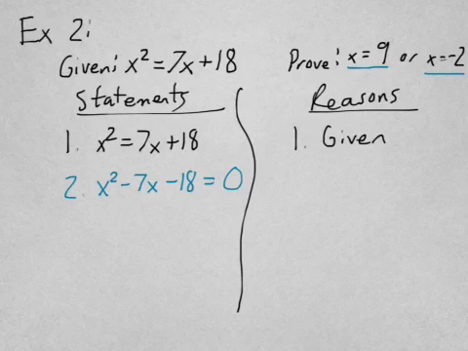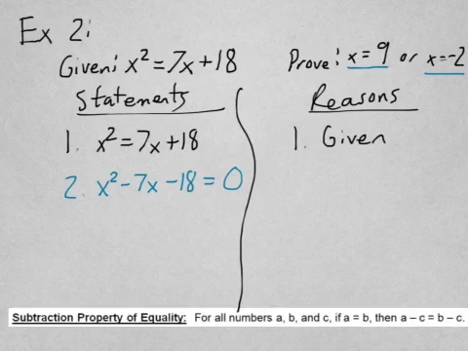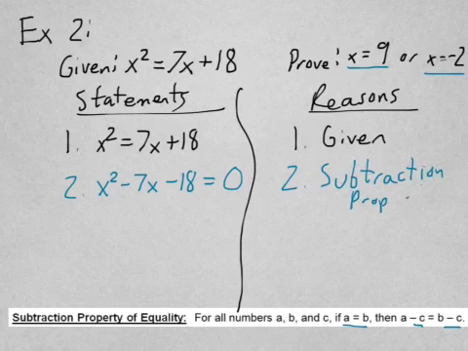What's my reason? Well, I subtracted things from both sides, so my reason is the subtraction property of equality, which says that if a equals b, then I could subtract something from both sides and still have a true equation. So, once again, we are using the subtraction property of equality. And again, it's okay to abbreviate.